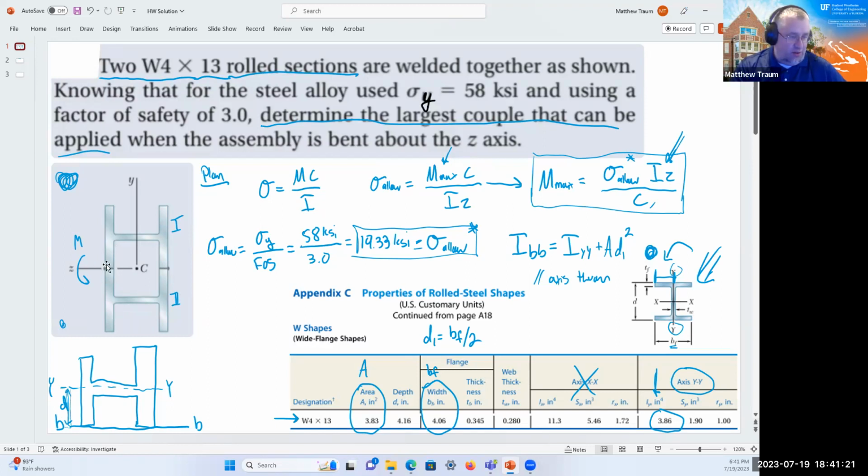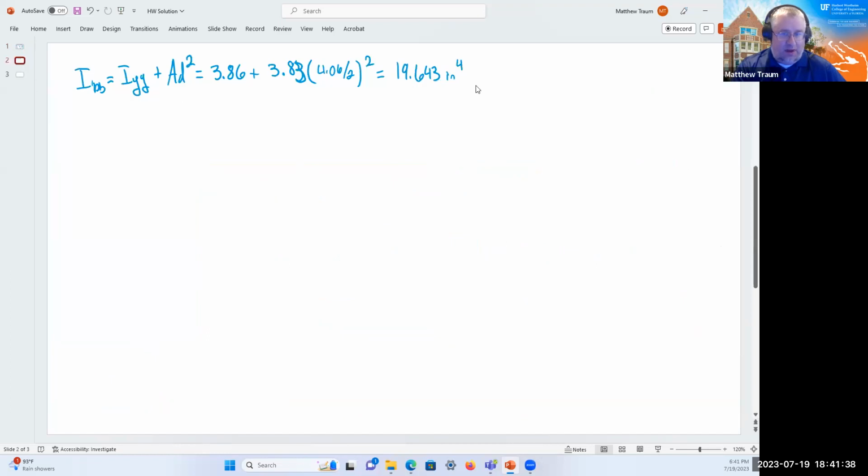The I-beam on the top and the I-beam on the bottom are symmetrical across this plane, which I've called BB here. And so I don't need to use the parallel axis theorem again or anything else. I can just simply add this IBB from the top with another IBB that's identical from the bottom, and that gives me IZ.